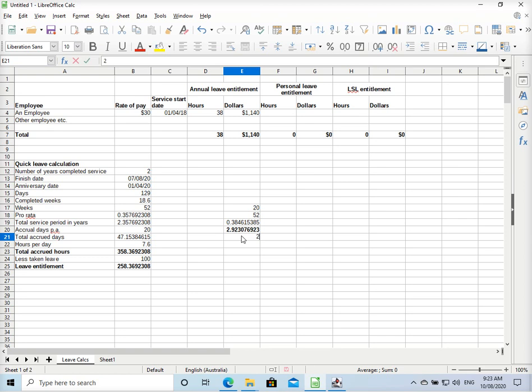So people often round this number to 2.9231, and you could see that quoted in several places. That number is based on a 52 week year, not a 52.14 week year.